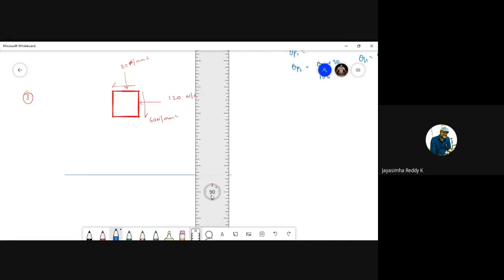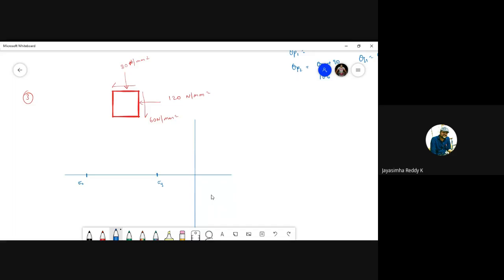So both are negative, so we can mark over here like this. If you take, this is minus 120 and this is minus 80. So minus 80 and minus 120. Okay. This is sigma x and this is sigma y.